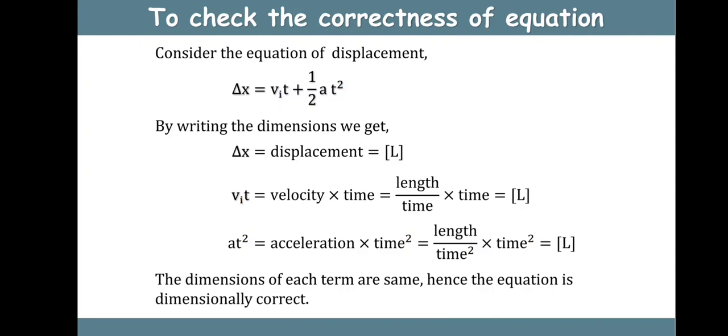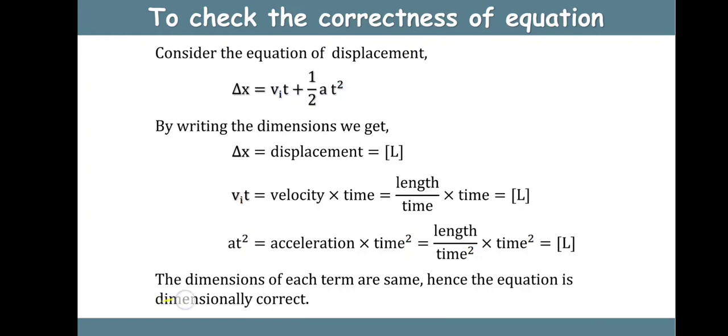Now a t square, acceleration into time square. What is the formula of acceleration? Acceleration is equal to velocity upon time. By solving we get length upon time square. Length upon time square is multiplied by time square, so time square cancels out, and we get capital L for this quantity.